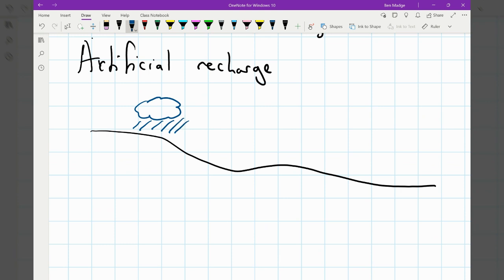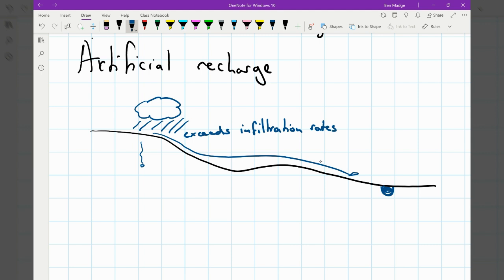So we get a lot of rain in our recharge zone, but we get so much rain that a lot of it ends up flowing off into rivers because it exceeds the infiltration rate. So we get surface runoff into rivers, and we don't really recharge our aquifer so well.